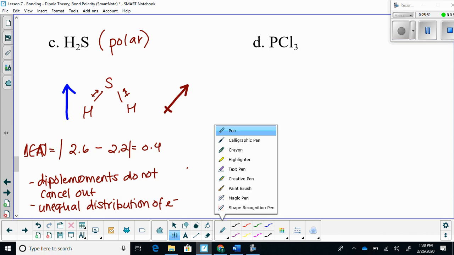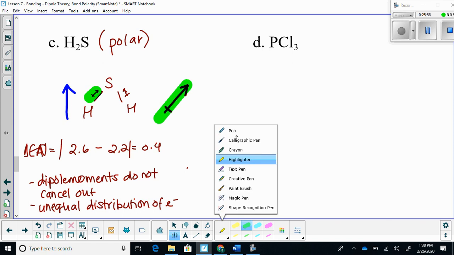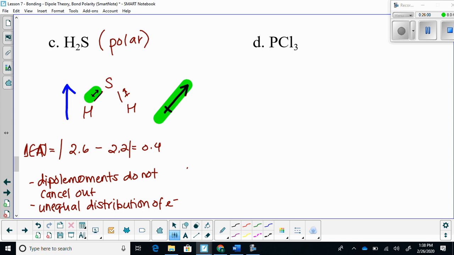Then we're going to draw the other one, which is the same strength at the same angle in the opposite way. So it goes up like this. So this one here is this one.